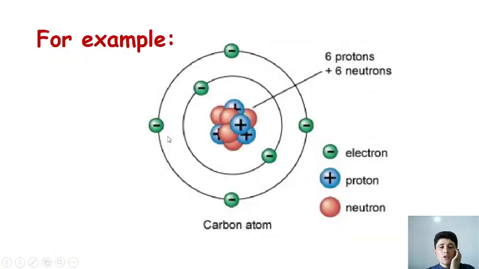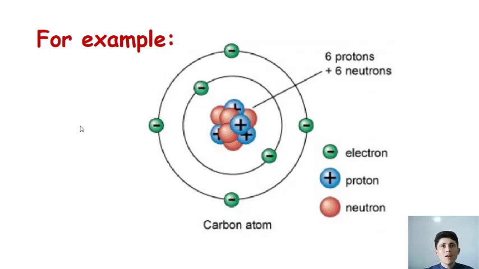For example, my dear students, this is the carbon atom. Here, carbon has one core or nucleus, and also two shells of electrons. As we discussed, carbon has 6 protons and also 6 neutrons.